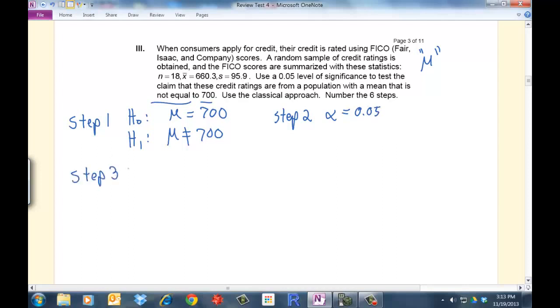Step 3, compute the test statistic: x bar minus mu 0, over s over the square root of n. X bar is given: 660.3. Mu 0 is the standard.